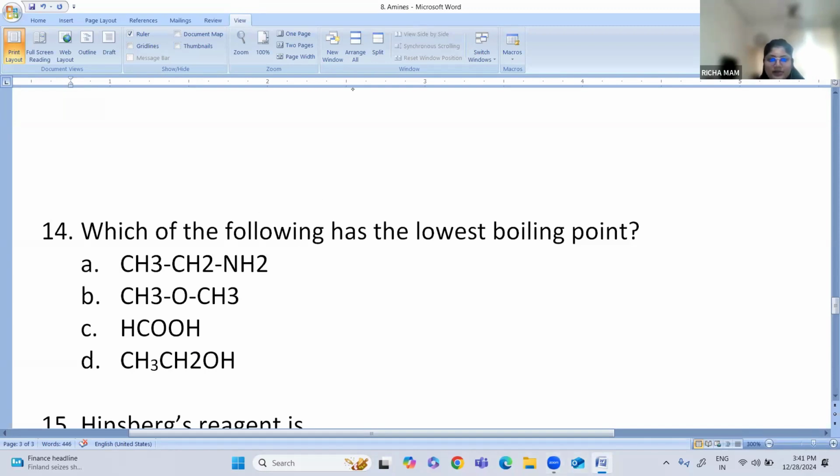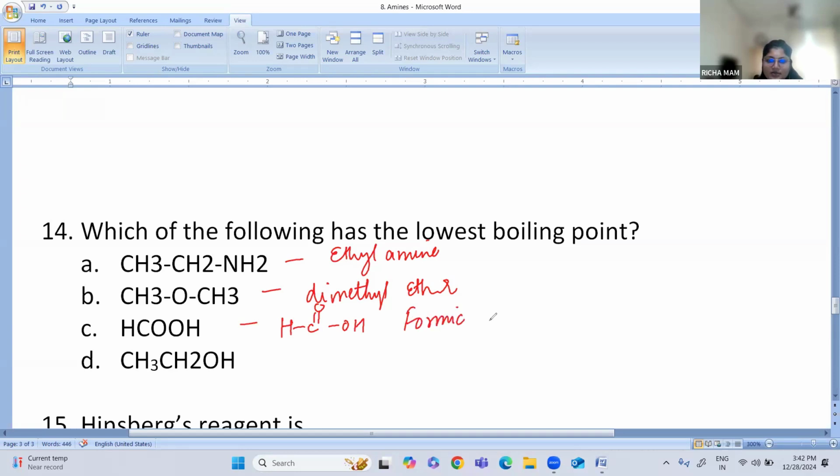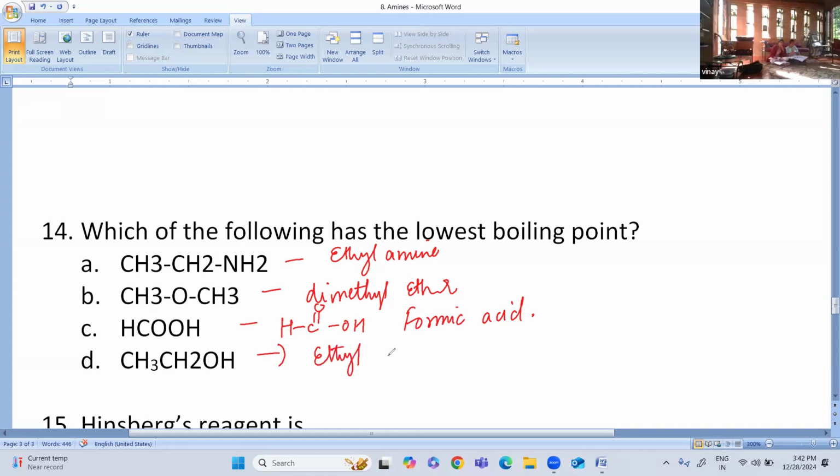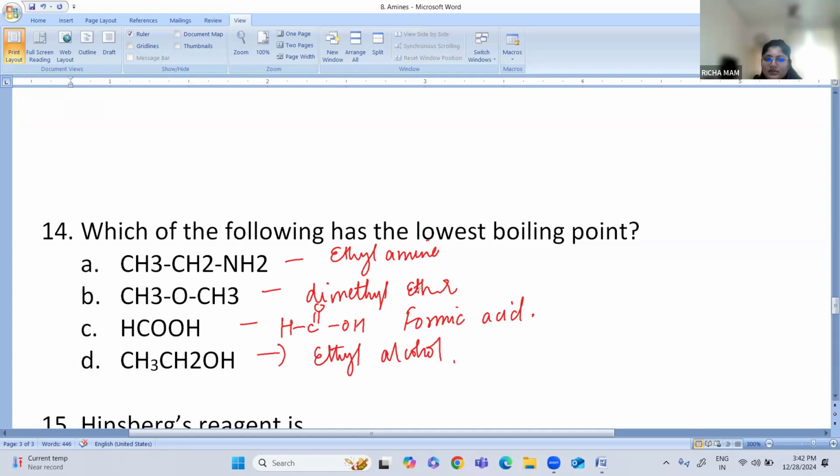This is your dimethyl ether. Then this is your formic acid, HCOOH. Then this is your ethyl alcohol. So you have one amine, one ether, one acid, and one alcohol.